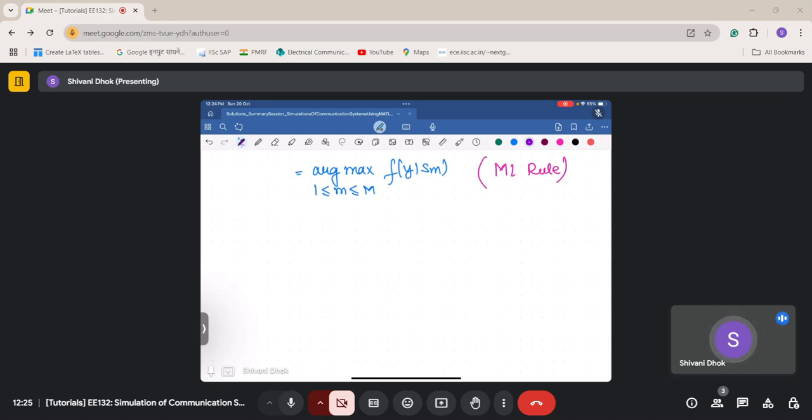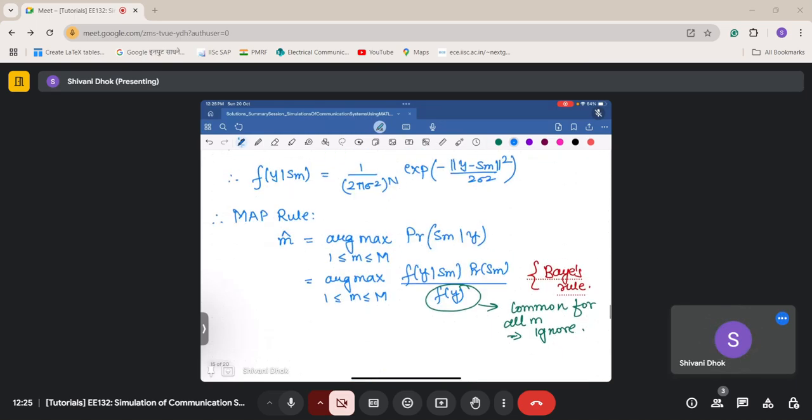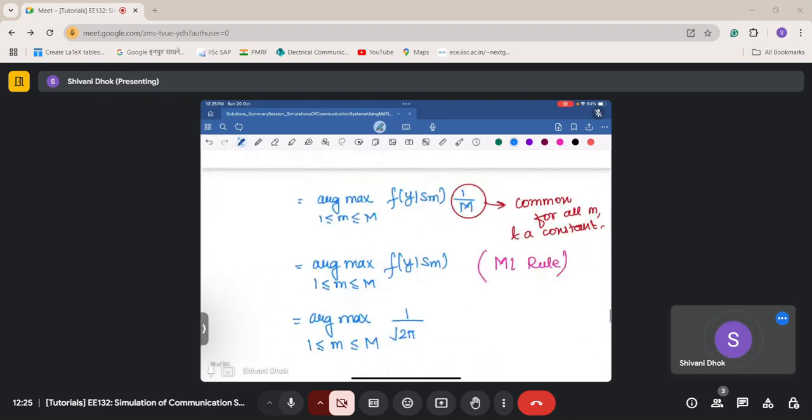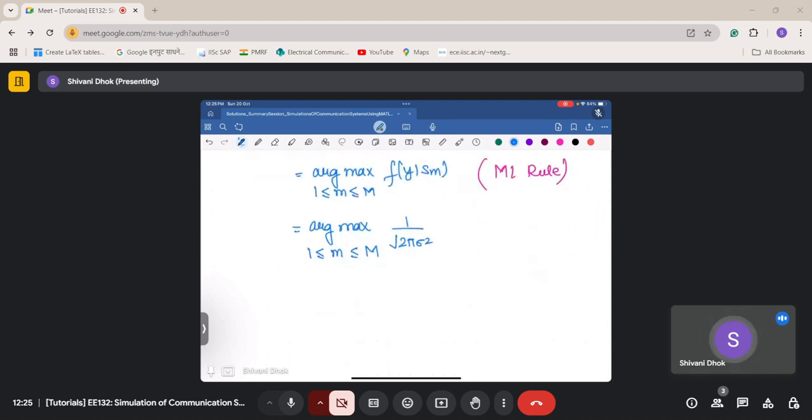So now you can substitute your likelihood function. Then we have argmax over m of 1 upon (2 pi sigma square) to the power n by 2, e power minus norm of y minus Sm square divided by 2 sigma square.